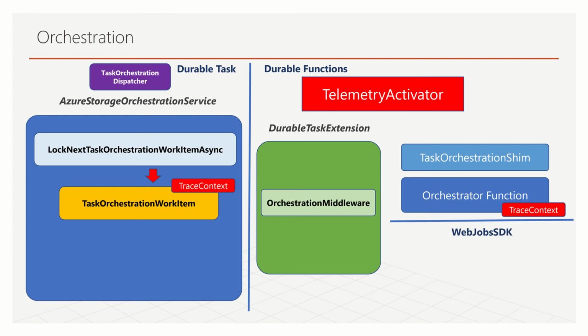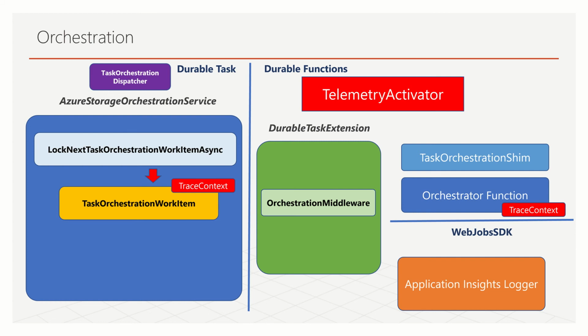That is why the orchestration functions can refer to the trace context by the .Current method. That is async local.